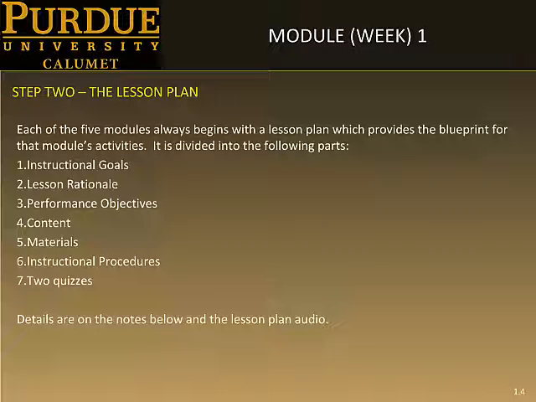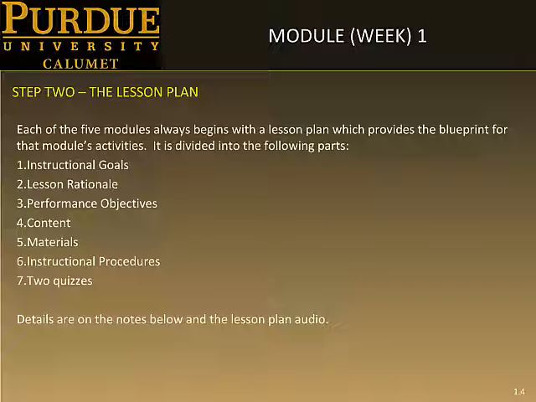The second item is the lesson rationale. The lesson rationale simply provides a general purpose of today's lesson for each of the items to be covered, usually course content and the 2 portfolio entries.